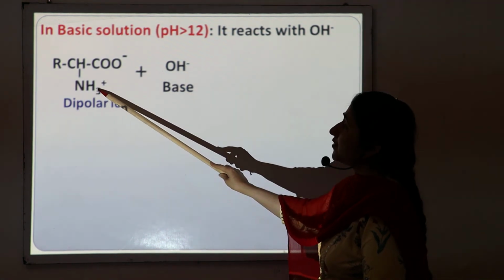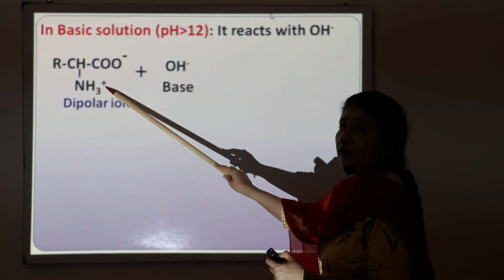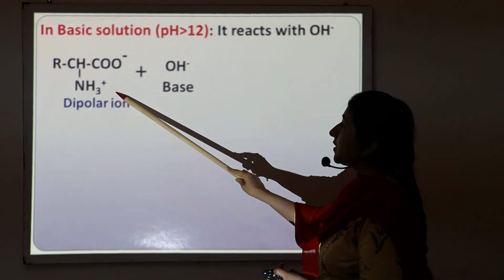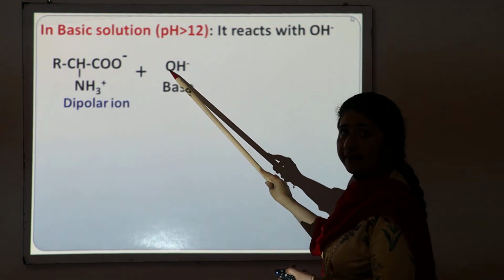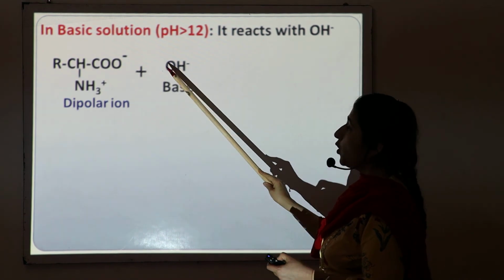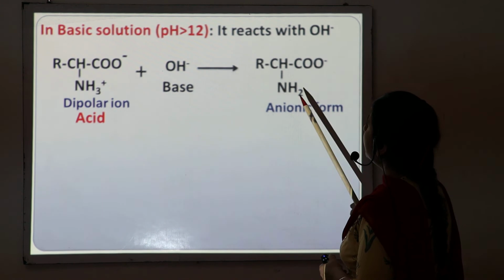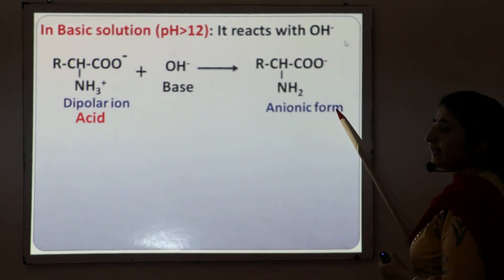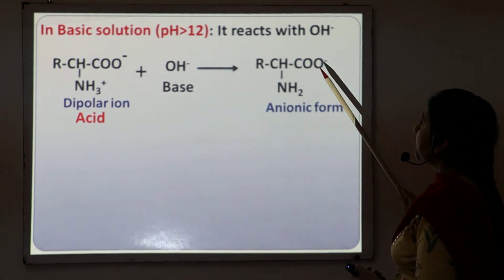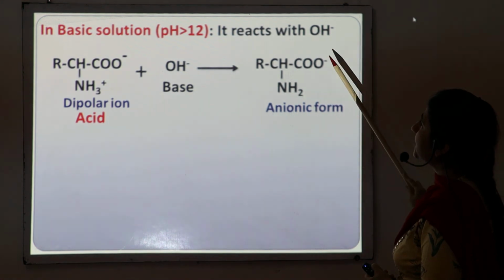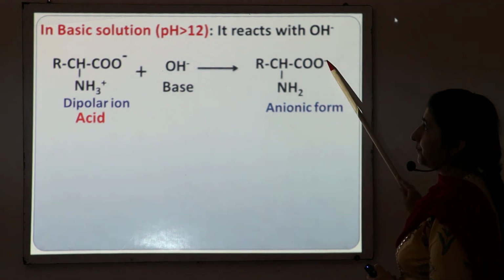So here NH3 positive donates the H positive to form the NH2 group. The H positive combines with OH negative to form water. So when the dipolar ion reacts with the base, it forms the anionic form. It exists in an anionic structure due to the presence of negative charge on the carboxylate ion.